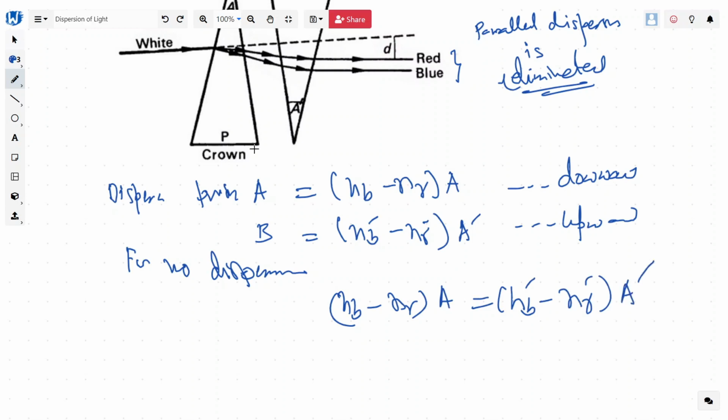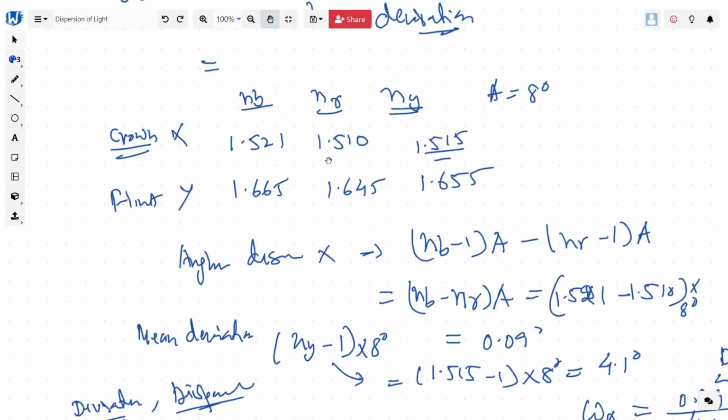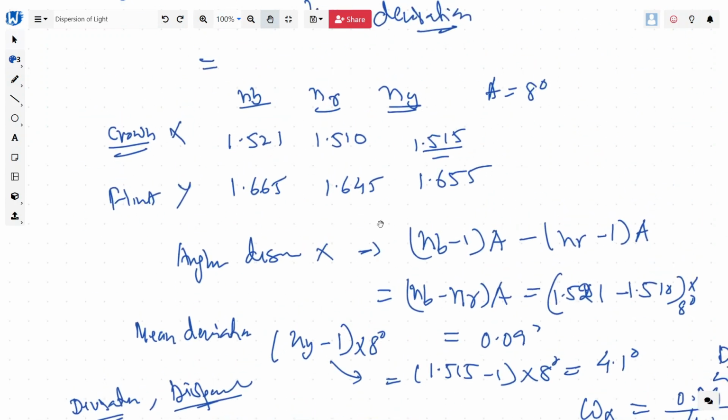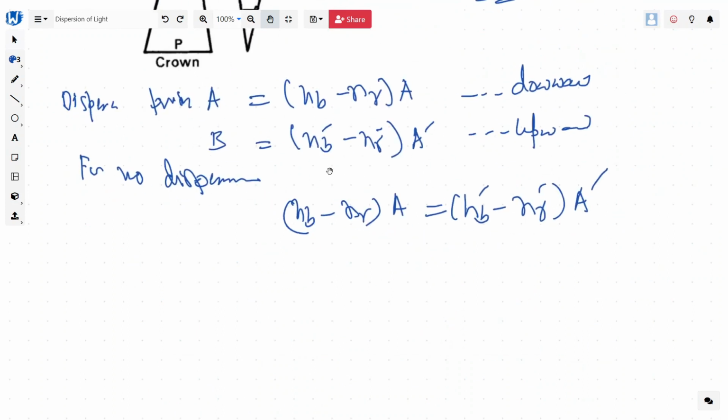So let's take an example. We already have the data which we have written here for the crown and flint glass, and we're just going to plug that in. So here is the data, here's the table. We are going to plug these numbers in and find out at what value of A' we can achieve this.